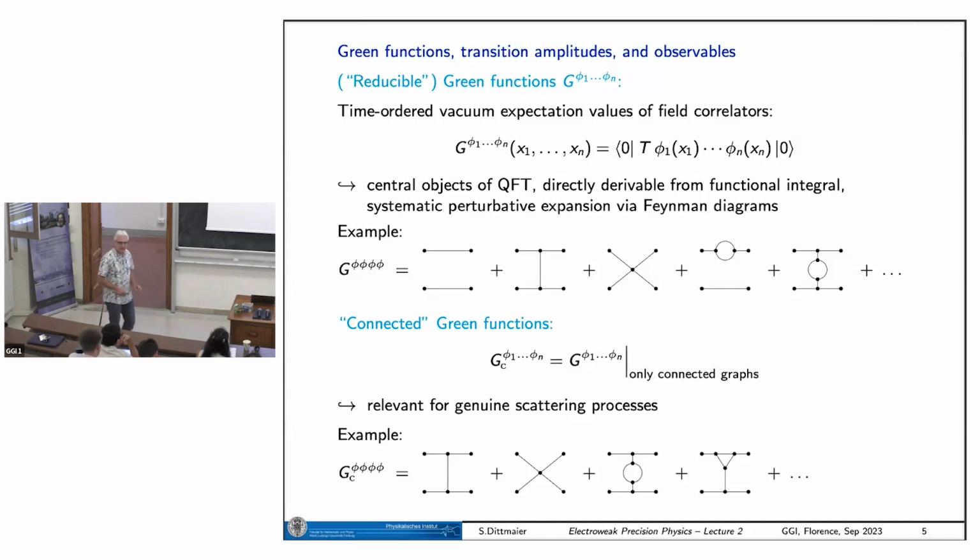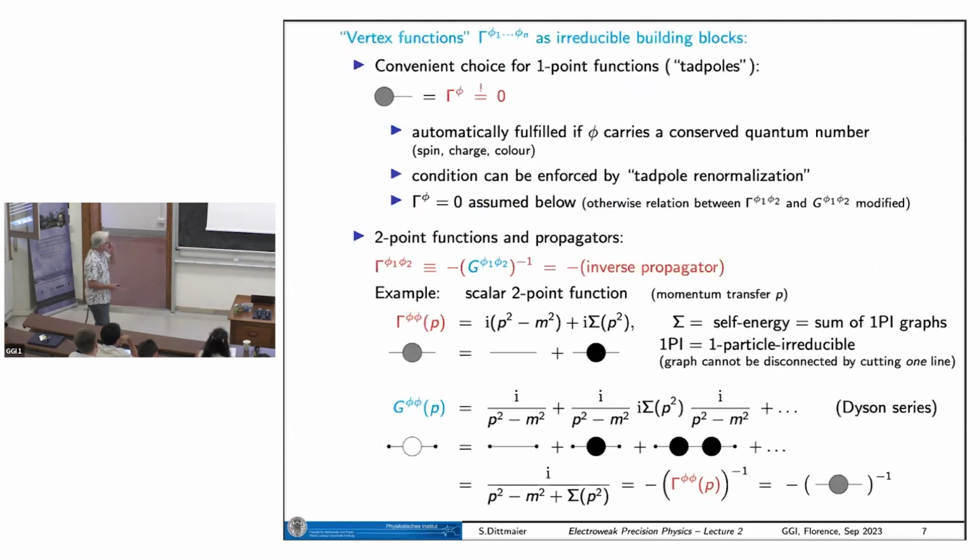So it's a good idea to concentrate on this really irreducible loop part. And this leads us to yet another type of green functions, which are called vertex functions. These are just the irreducible building blocks in the loops.